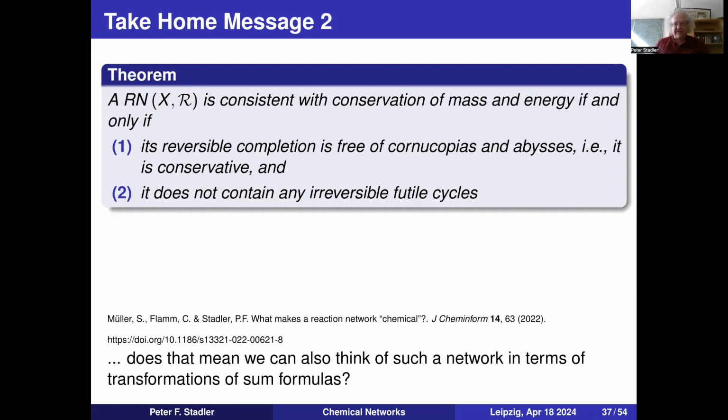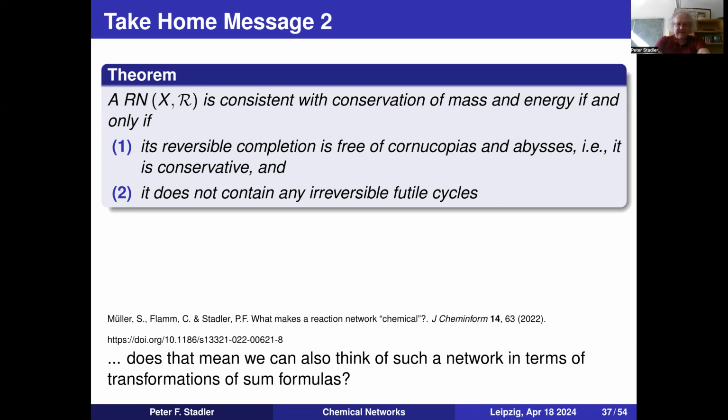Then I cannot make combinations of reactions that generate or destroy mass from nothing. This is the same thing as Horn and Feinberg already found, that these networks have to be conservative, but now we also know the other direction. This is not only necessary, this is also sufficient.